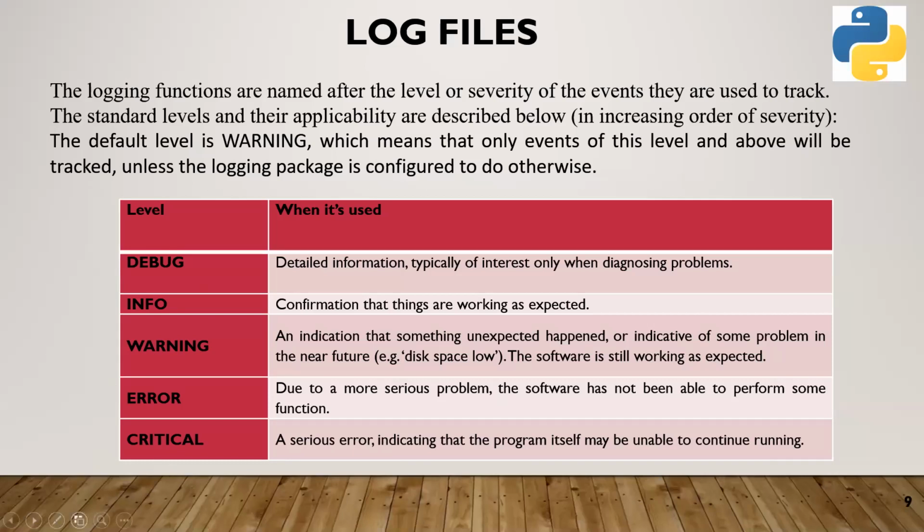The logging functions are named after the level and the severity of events they are used to track. Okay, the standard levels and their applicability are described below in increasing order of severity. So the critical one will have the highest level of priority.